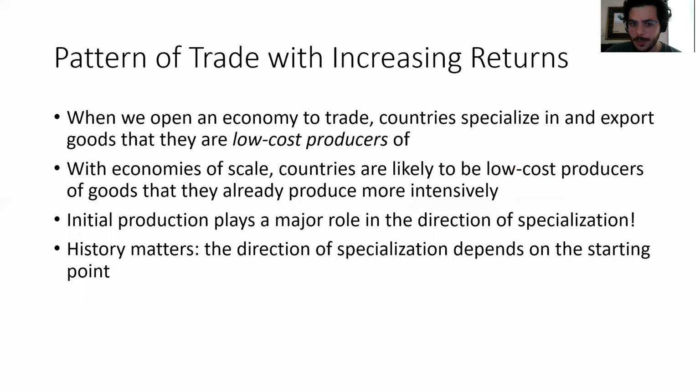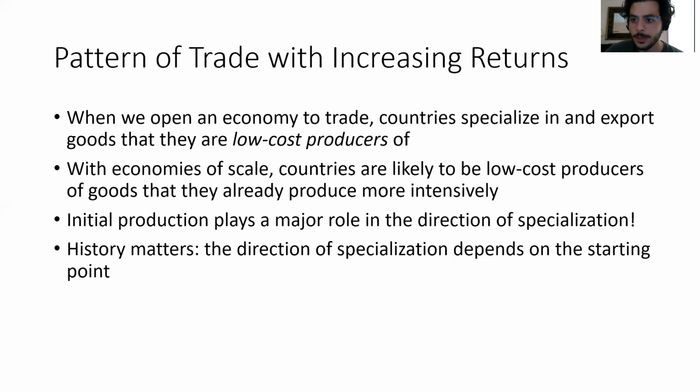So let's think about the pattern of trade for a little bit. What happens when we open an economy to trade? Well, countries will specialize in and export goods that they are low cost producers of. So you want to be selling stuff that you can produce cheaply and sell for a greater price. In the Ricardian model, there was always just one autarky price.